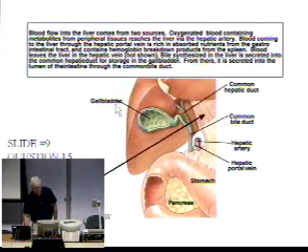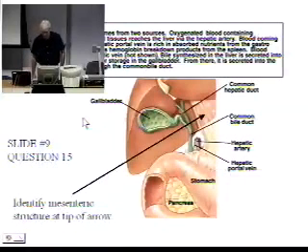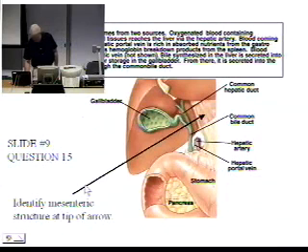Then we go to slide 9 for question number 15. And this is the question. Identify the mesenteric structure at the tip of the arrow. So the tip of the arrow is over on this portion of the structure here.